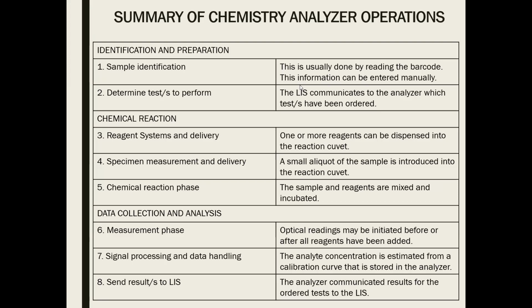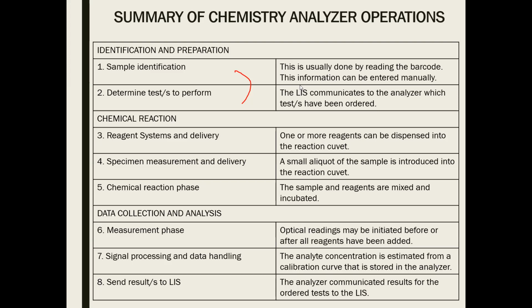Number one, sample identification. When we said sample identification and determination of the test to be performed, that is under identification and preparation, that is under what we call pre-analytical phase. Ano po yung meron dito? Pag sinabi nating sample identification, that is usually done by reading the barcode.